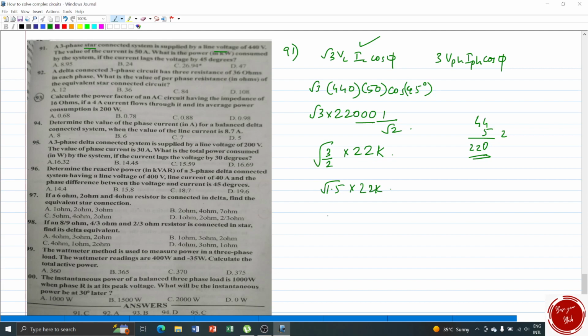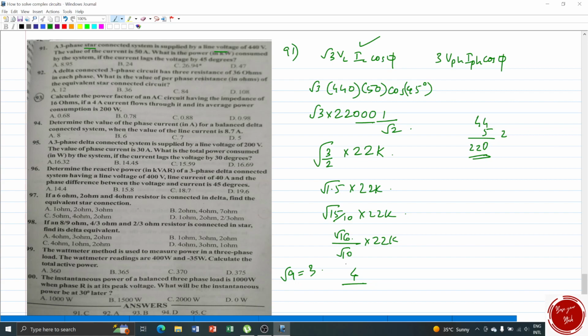Now I will write this as root 15 by 10 into 22k. That is root, I will round it to root 16 divided by root 10 into 22k. Root 16 we know it is 4, and root 10, we know root 9 is 3.